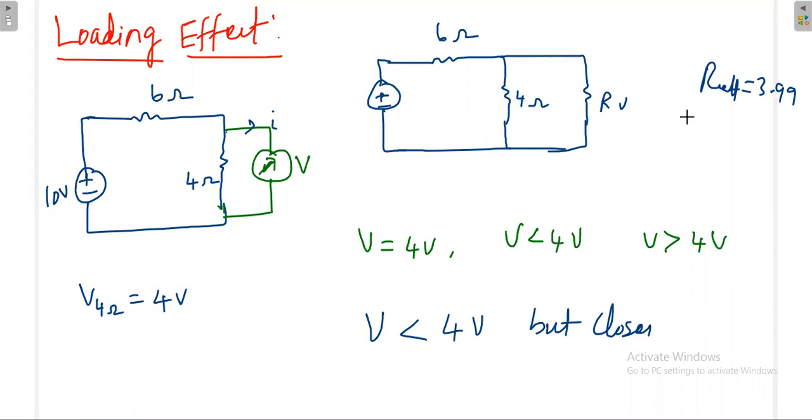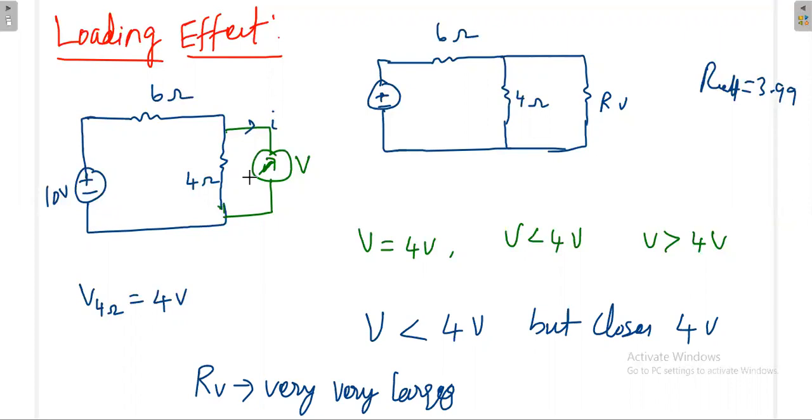And again, what is the condition here? This RV is the equivalent resistance of the voltmeter. That value in general is very large. Also, in which manner is it connected with the meter?